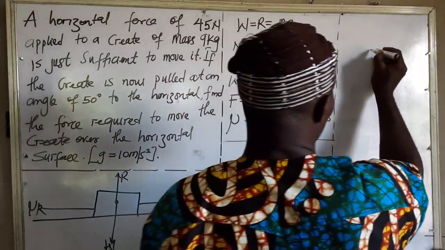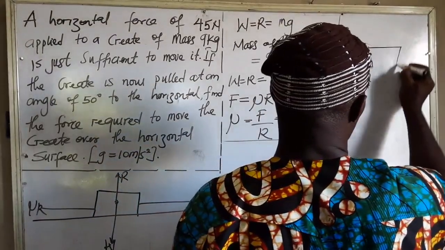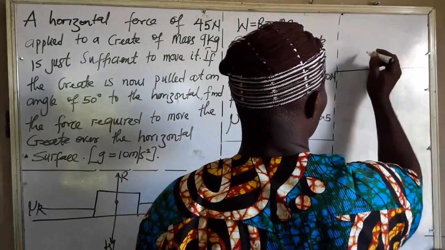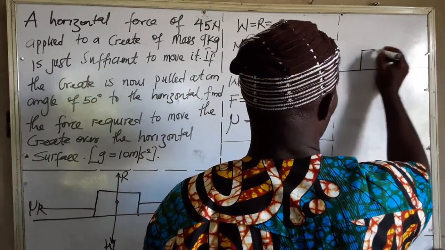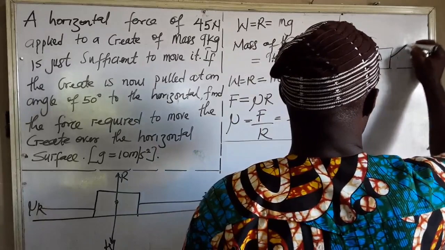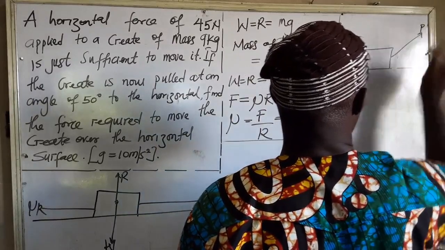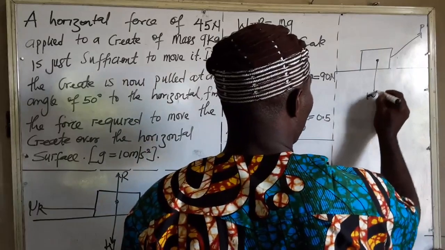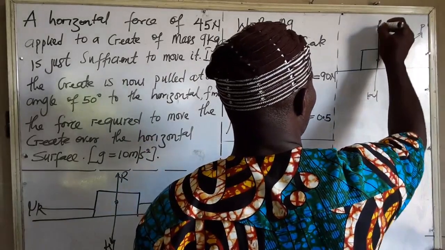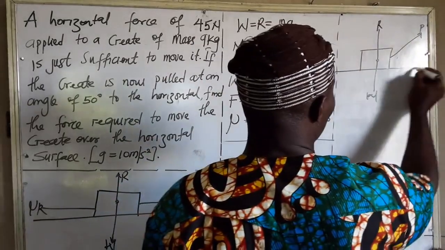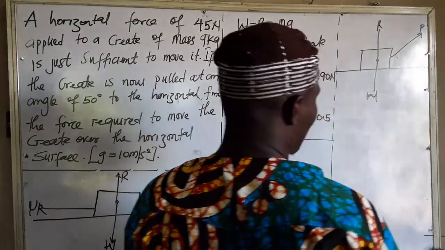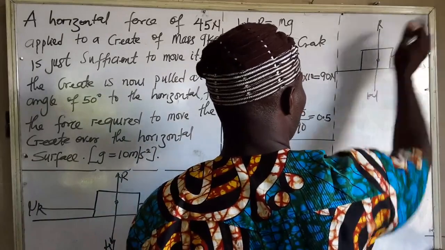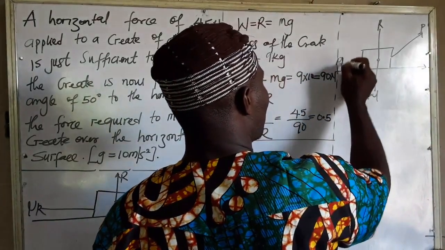This is the crate. This is P. This is the weight of the crate. This is the reaction of the crate. This force moves like this. Horizontal to this force, we have the limiting friction.